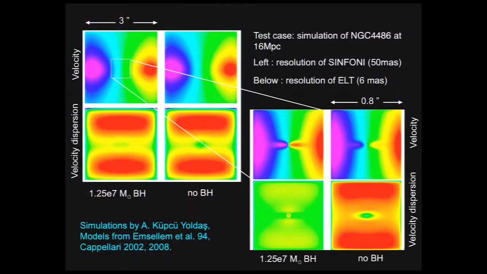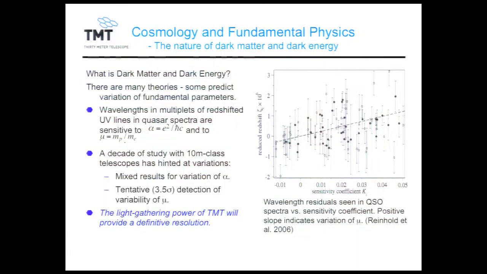The fact that we have a very high resolving power in terms of spatial resolution, and also a very high collecting area, allows us, in fact, to probe deeply into the nuclei of galaxies that have no external indication that black holes are present. One of the hypotheses is that essentially every galaxy has a black hole in the center, and we will be able to find out whether this is true or not.